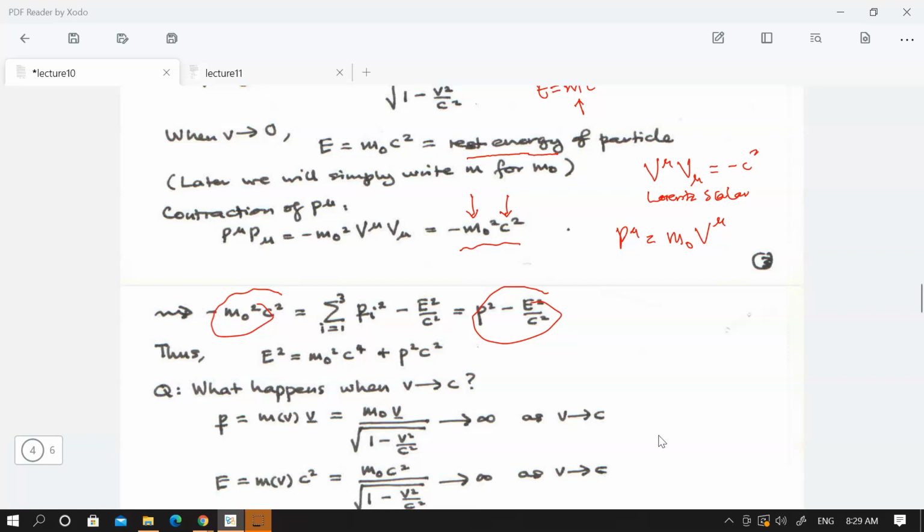So on rearranging, you get an expression for your relativistic energy: E squared equals m naught squared c to the fourth plus p squared times c squared. Okay. So if you remember, you have probably seen this equation before in modern physics, which is now written in a square root form.